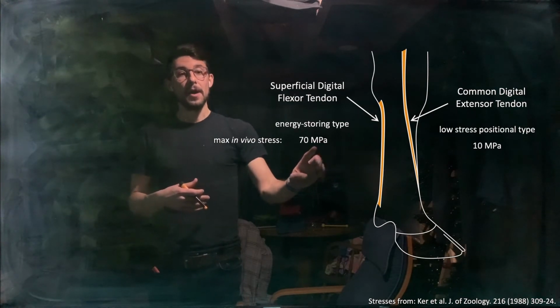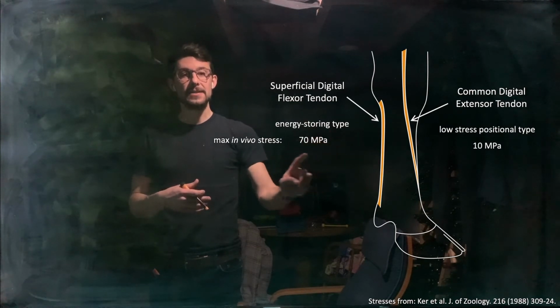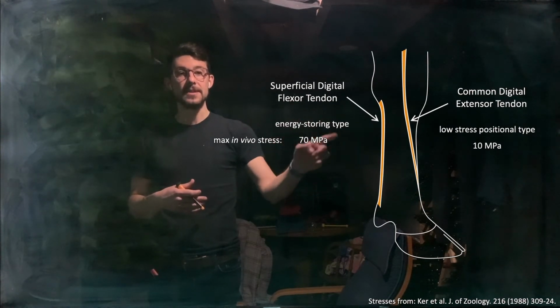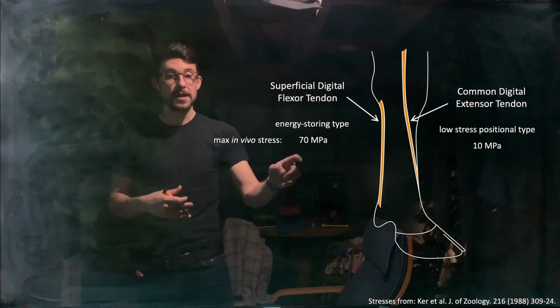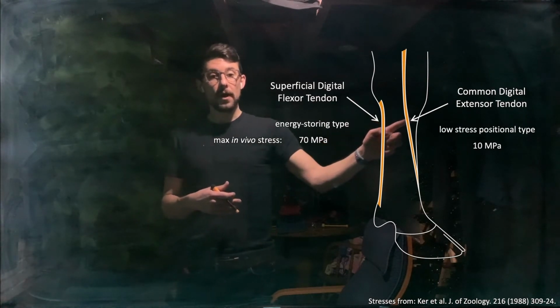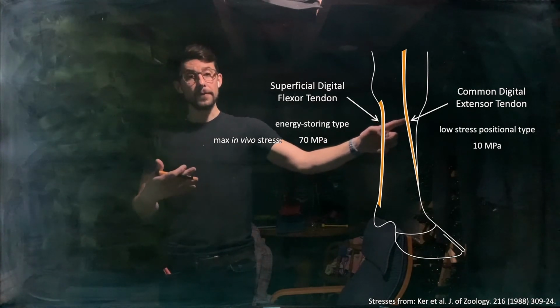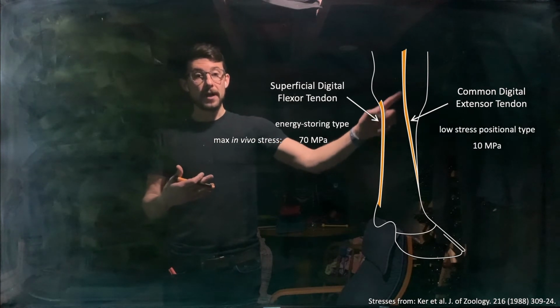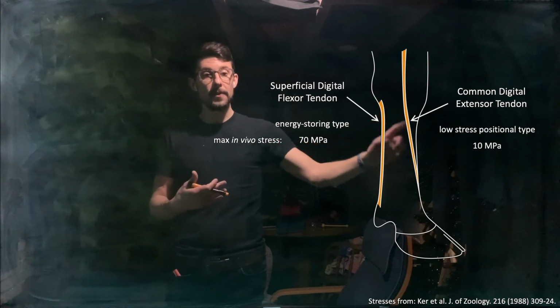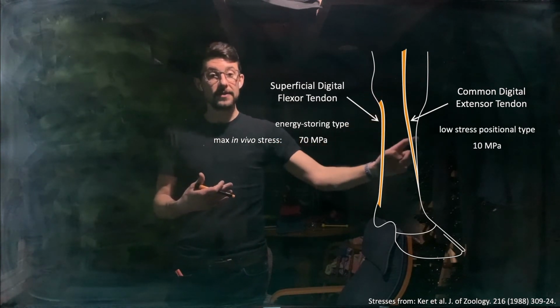So the stress in life that this tendon is supposed to see is about 70 megapascals. Now on the front of the forelimb, there's a tendon called the common digital extensor tendon.